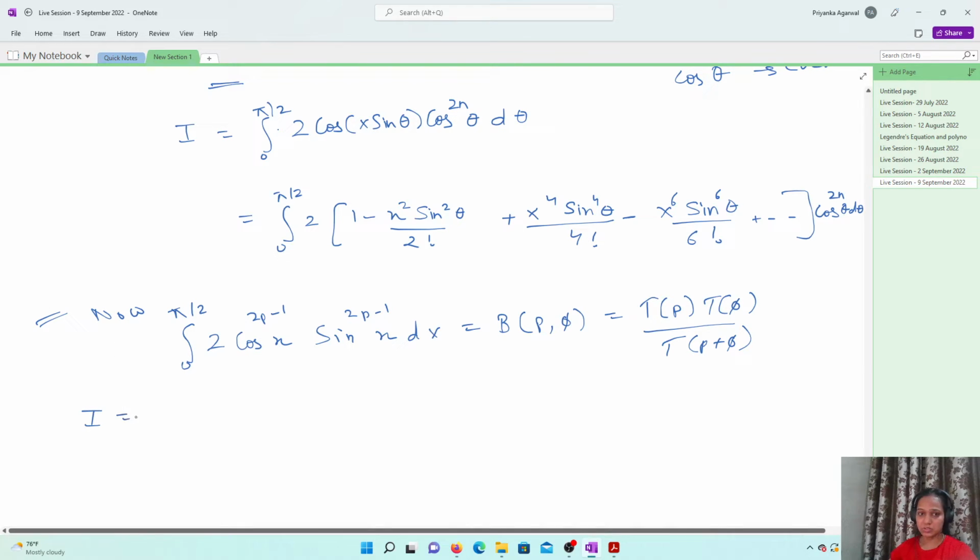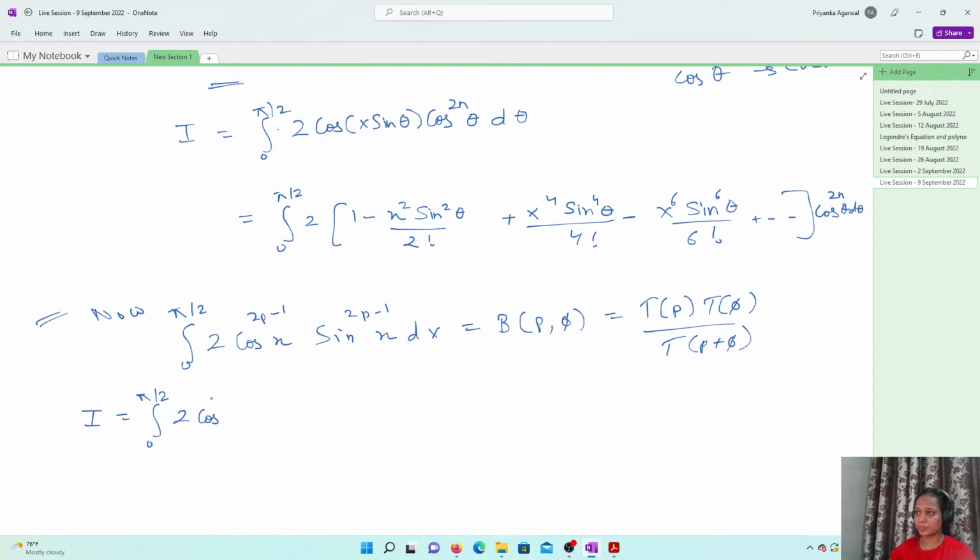So I equals the integral from 0 to pi by 2 of cos to the power 2n theta d theta.